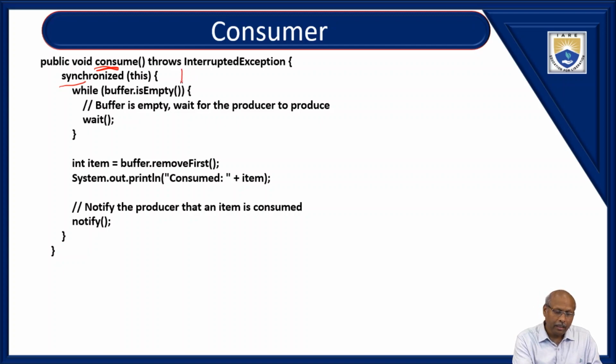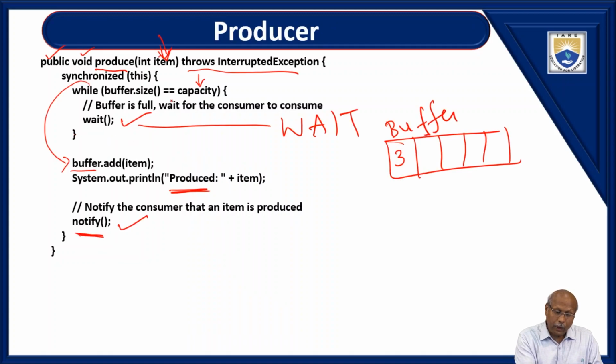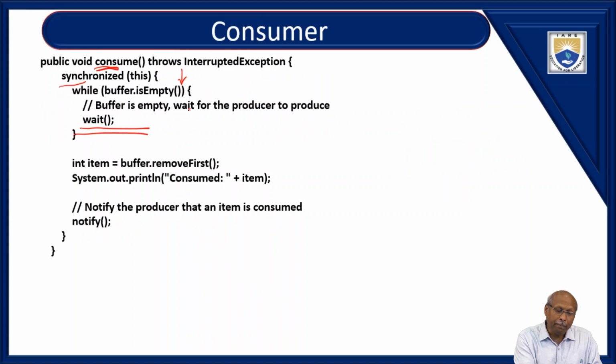Once I enter here, my first duty is to check whether the buffer is empty or not. If the buffer is empty, can I consume anything? Nothing. So if nothing is there, then I have to go to the waiting state. In the earlier case, if the buffer is full, you go to waiting. In this case, if the buffer is empty, go to the waiting state.